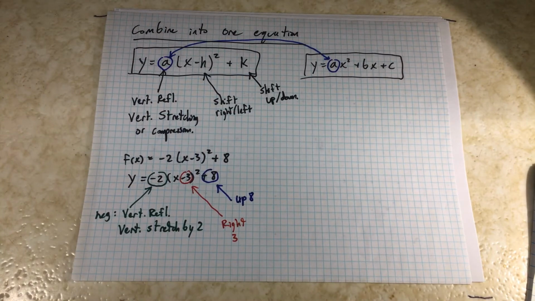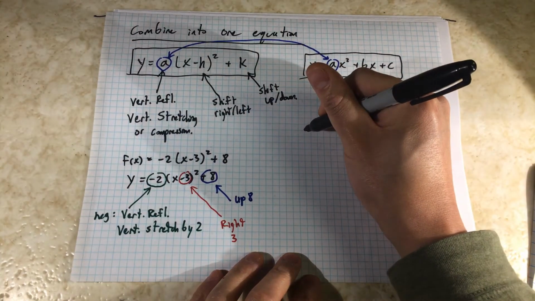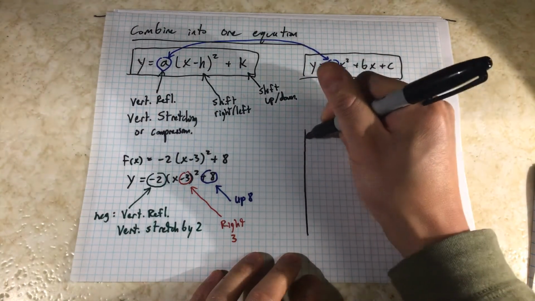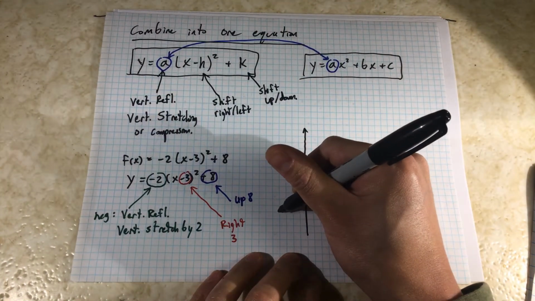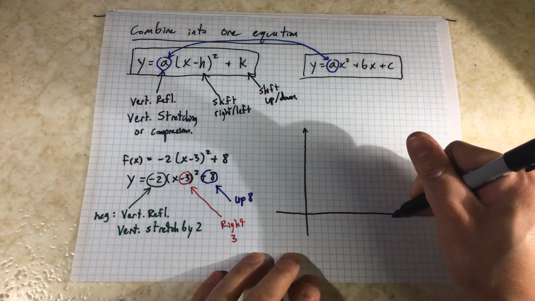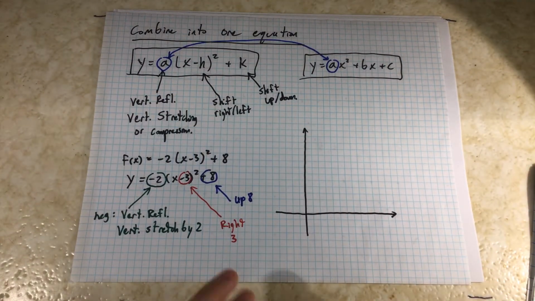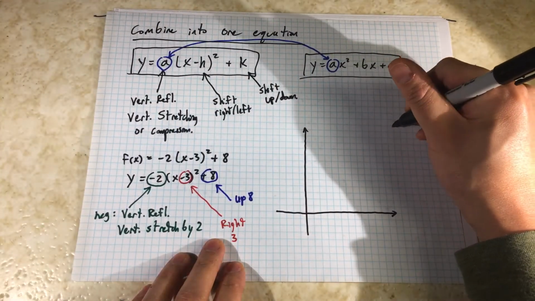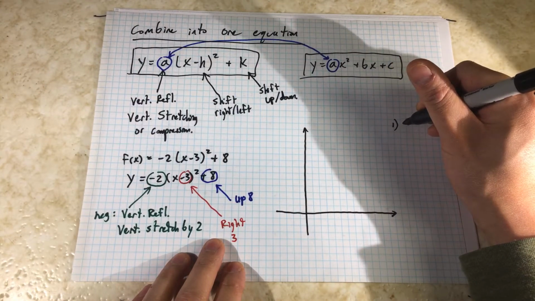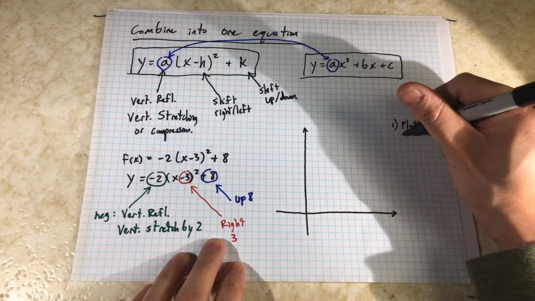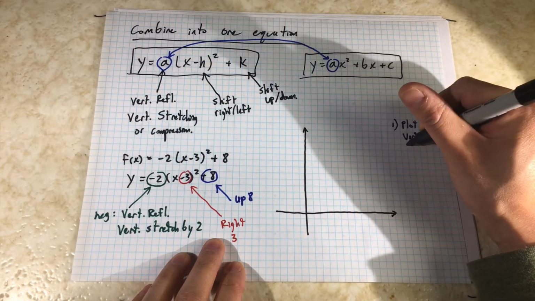Okay? So let's see how we would graph something like this. I know this is going to be in the first quadrant, so I'm going to draw my first quadrant real big. All right? So the first thing I do is to plot the vertex using shift.